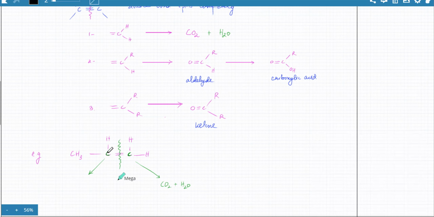So redraw the molecule as it is. There's going to be CH3. The only thing that would change is that the carbon that was previously making a double bond would change into a carboxylic acid. It would change into C double bond O and OH.